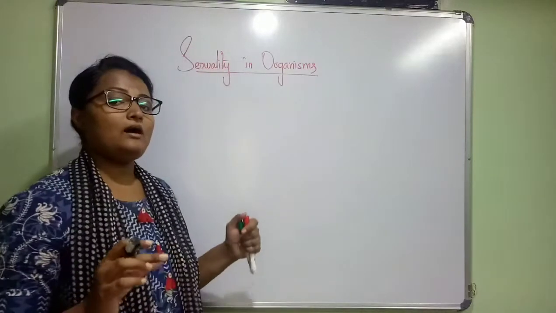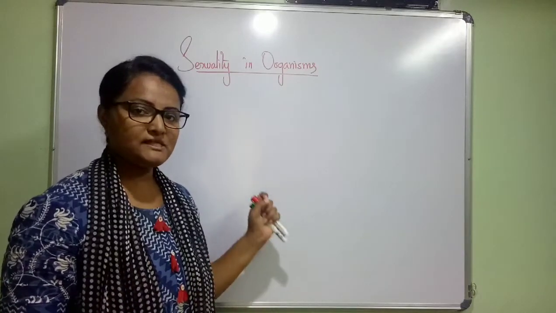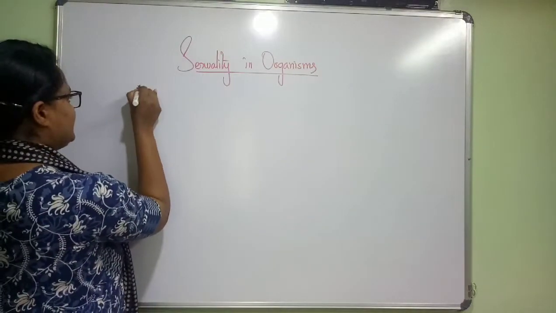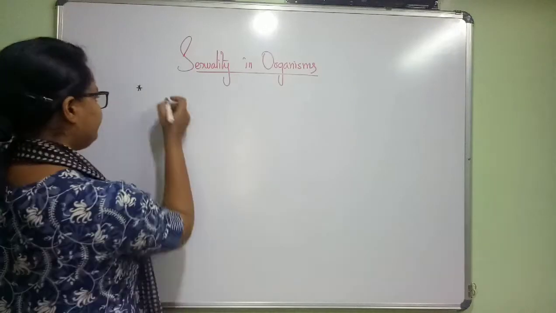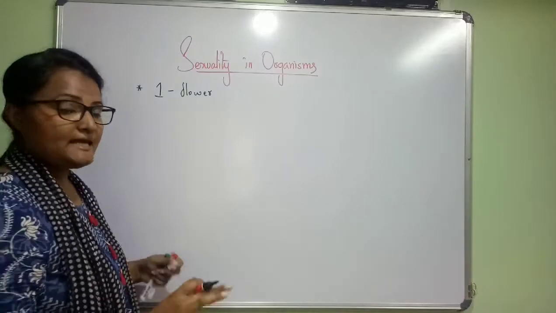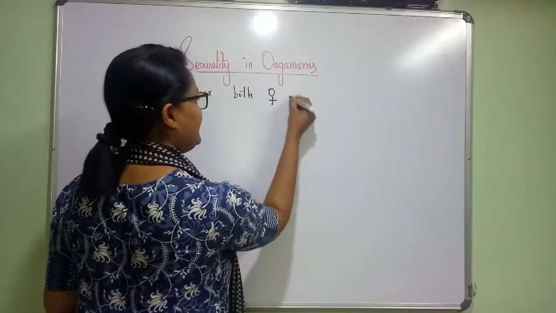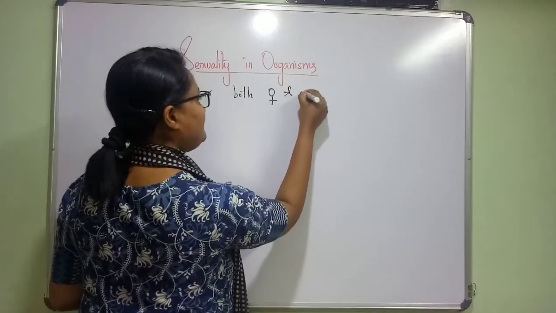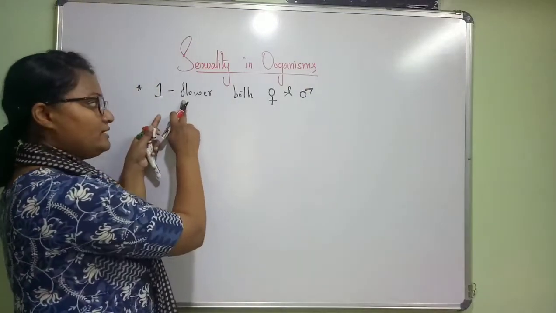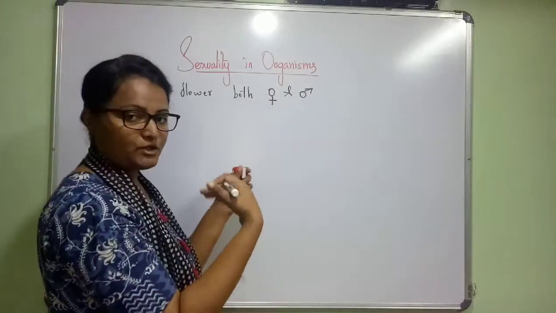Now I'm talking about the flower, not the plant. Just remember, first I'll deal with the flower, then I'll go to the plant. The first condition: just consider one flower which contains both female and male reproductive parts.